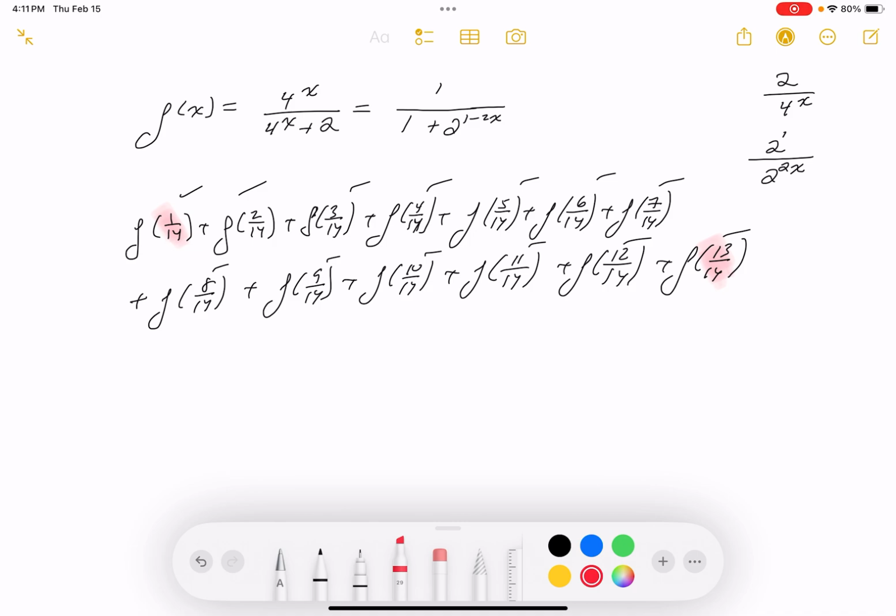And then 12/14 and 2/14, again I'm just talking about the argument, not the function, also sums to 1. Then 11 and 3 sum to 1. Let's see, 10 and 4, that's 14/14. So you get the idea. 9 and 5, 8 and 6, that's 14/14s.